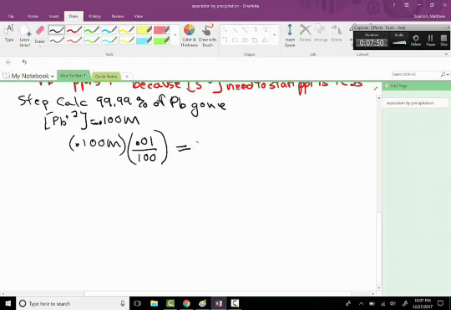And that'll give us 1 times 10 to the minus 5th molar. So we're going to use this definition of 99.99% gone unless otherwise stated in the problem. So now that I know that that's the concentration of lead when 99% of it is gone, right here, I can go to step 3.